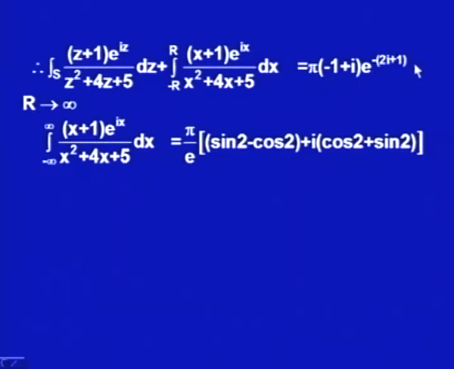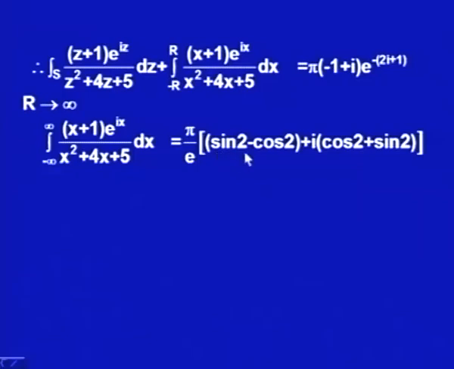Now, this part I am writing as real and imaginary parts separately, as in the previous one. So, pi upon e, times e to the power minus 2 i, that we could write as cos 2 minus i sin 2. So, we have minus 1 plus i into cos 2 minus i sin 2; multiply it and write the real and imaginary parts separately.